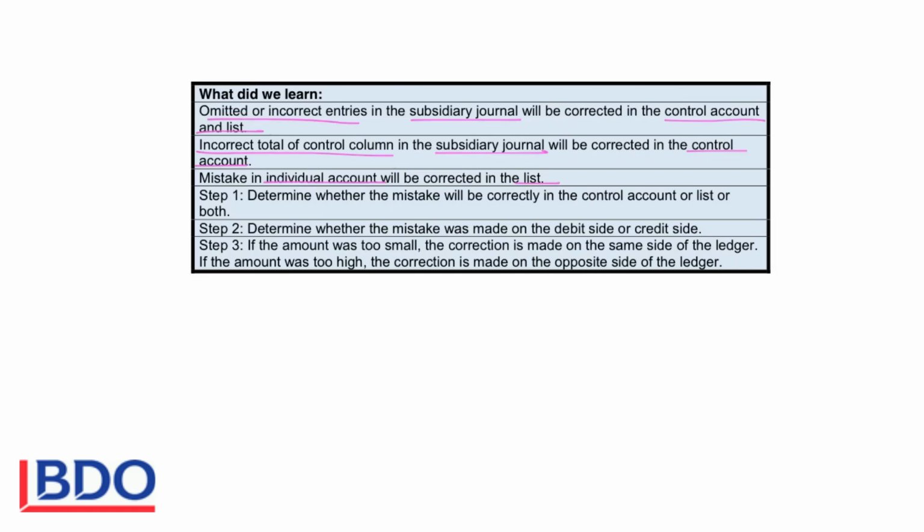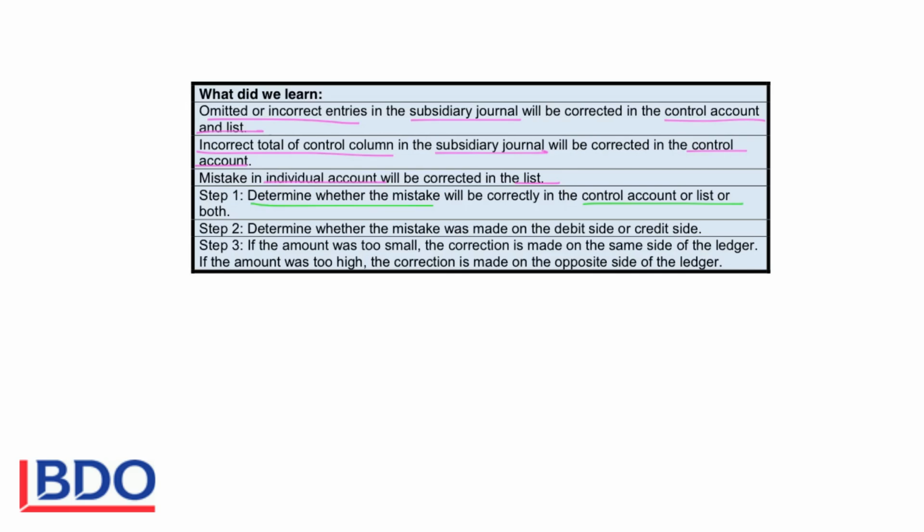When you have to reconcile the debtors list with the debtors control or the creditors list with the creditors control, the first step is to determine whether the mistake was made in the list or whether the mistake was made in the control account, so that I can determine, must I correct the mistake either in the list or in the control account, or both places.